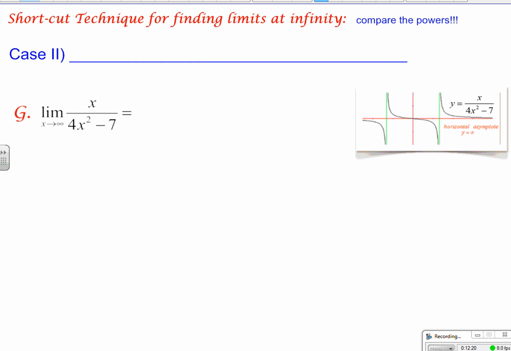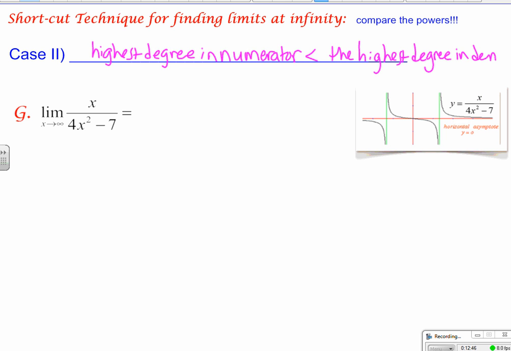Case number 2. When the degree in the bottom is higher than the degree in the top. The highest degree in the numerator is less than the highest degree in the denominator. When that is the case, my denominator is going to be dominating this function.